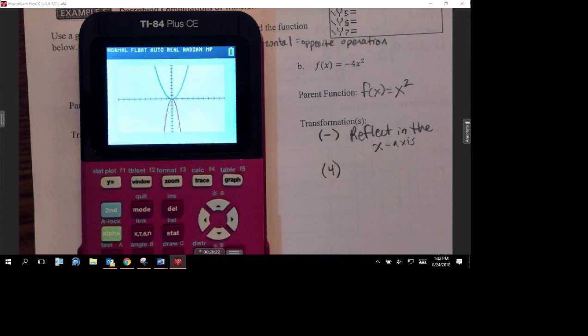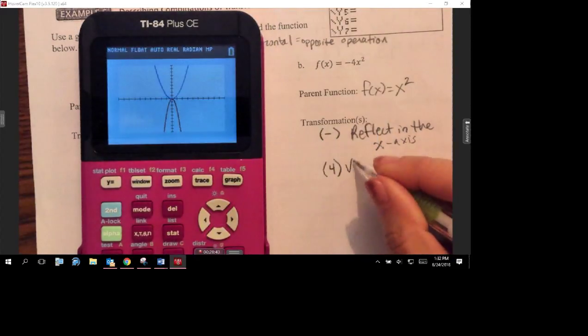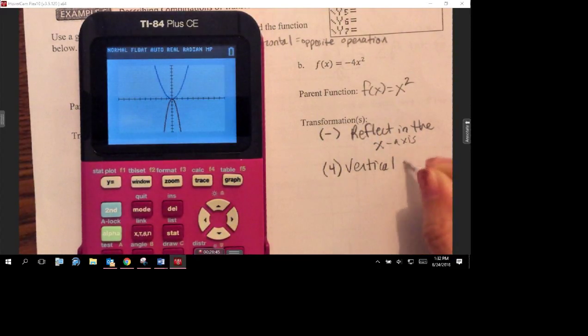It's either a stretch or a shrink, and then we look at the number itself. I'm multiplying by 4, so it's greater than 1. That means it's going to be a stretch. So if you think about this parabola, it was stretched vertically and it was flipped upside down. That's why it's skinnier. So this is a vertical stretch, factor of 4.